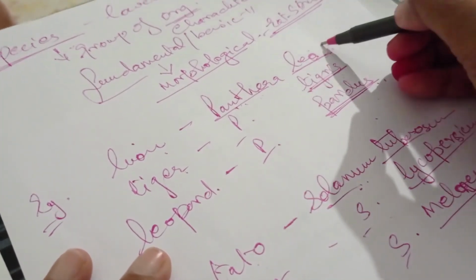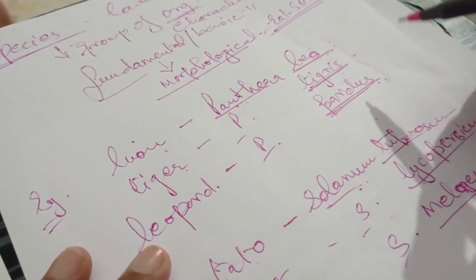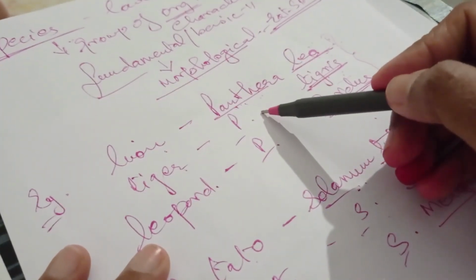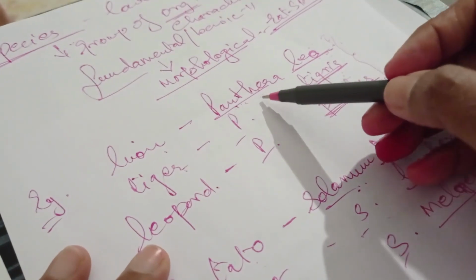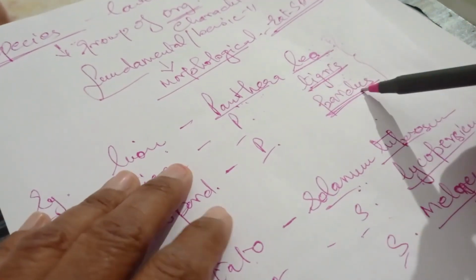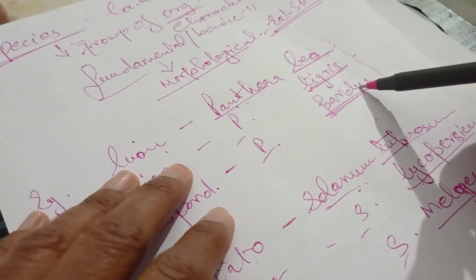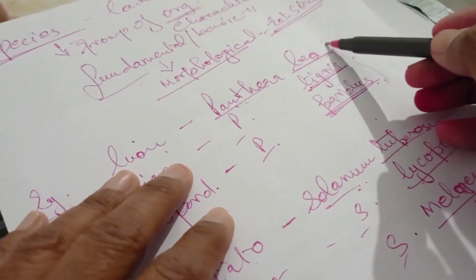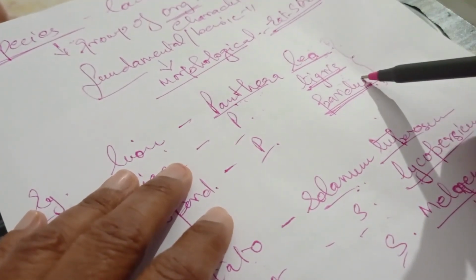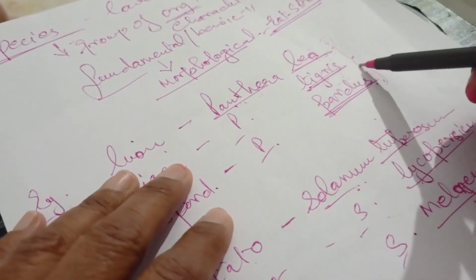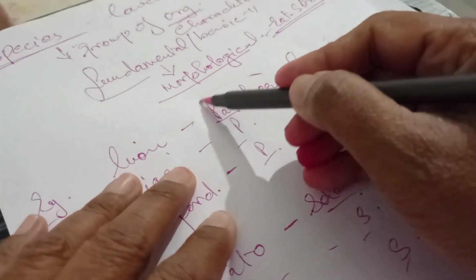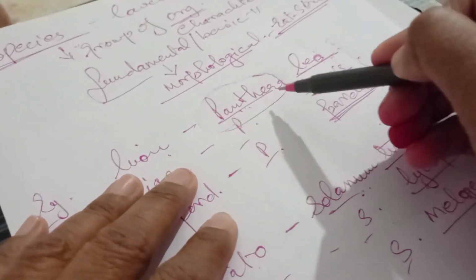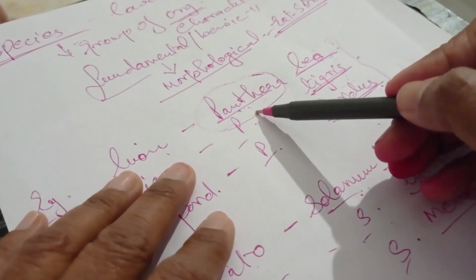That means the genus of all these three species is common, that is Panthera. So you can say that different species have different characters, but based on some similar characters possessed by them, they are grouped into a single genus, that is Panthera.